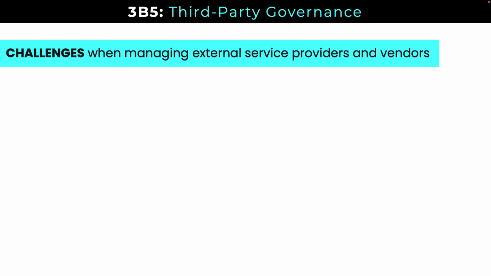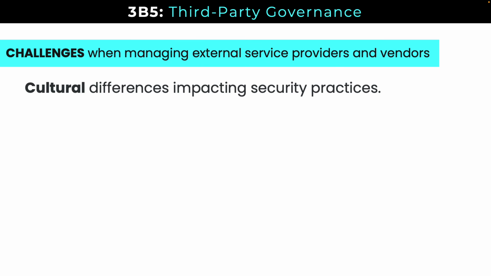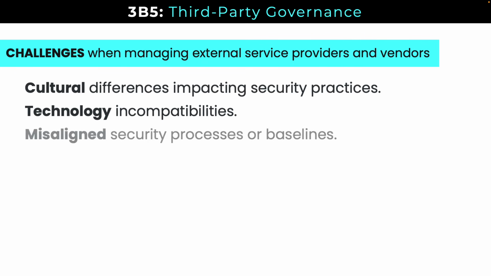So let's talk about challenges when managing external service providers and vendors. So certainly, cultural differences impacting security practices can come into play. There may be technology incompatibilities. Maybe they're using a different set of tools, and maintaining consistent security is going to be challenging for one reason or another. Misaligned security processes or baselines.